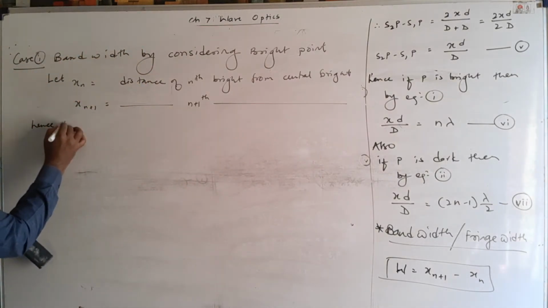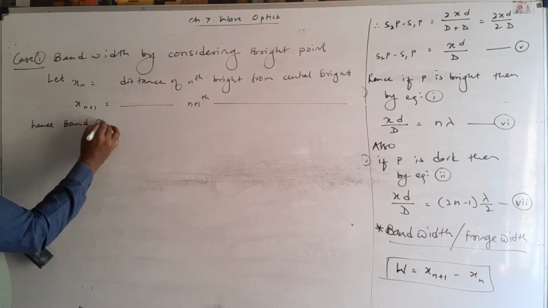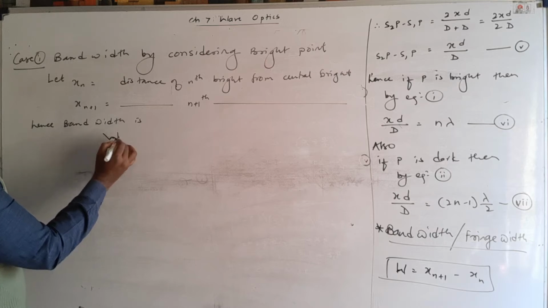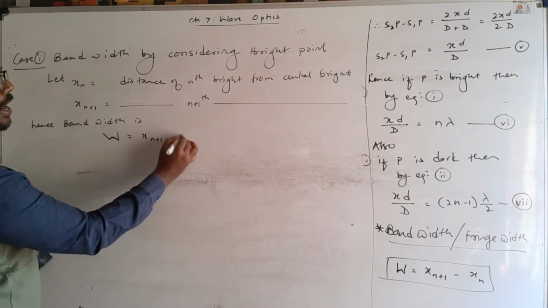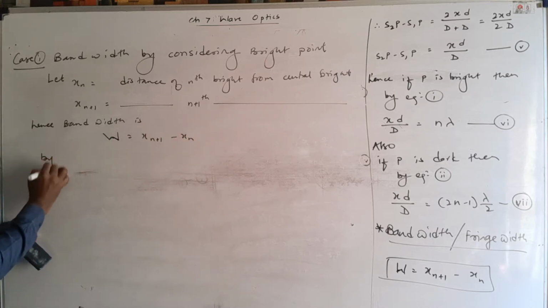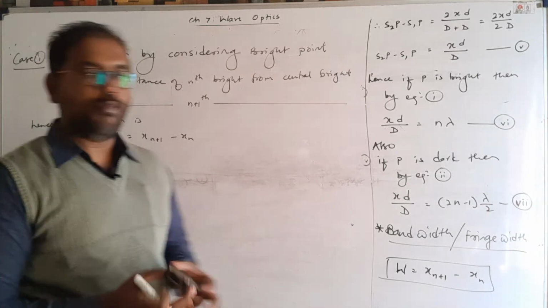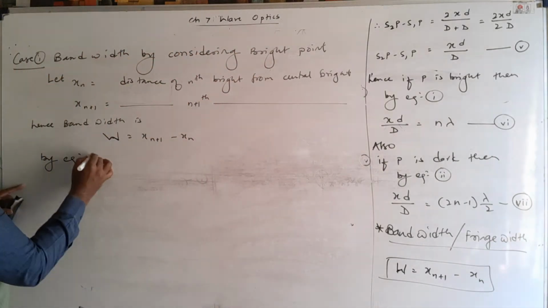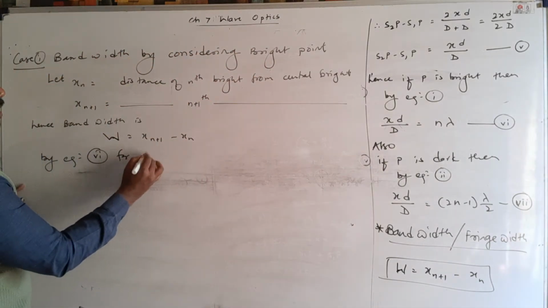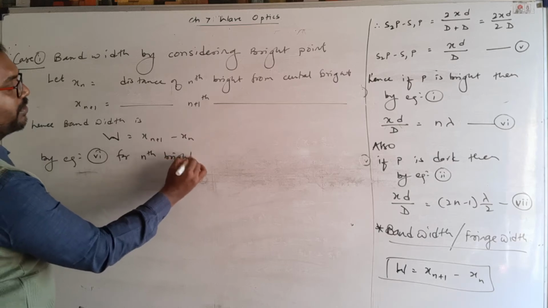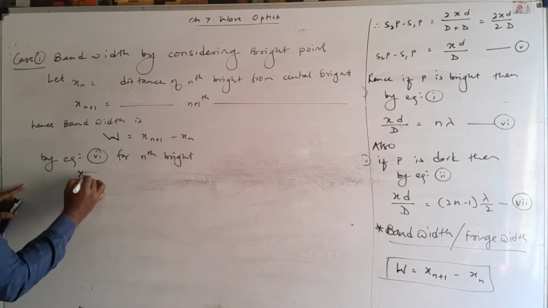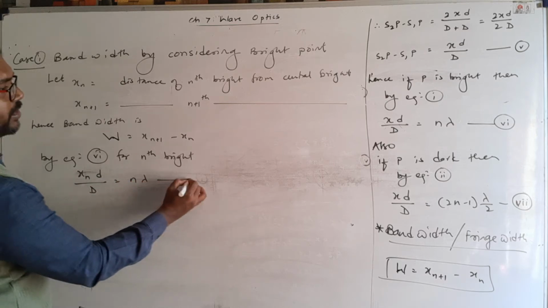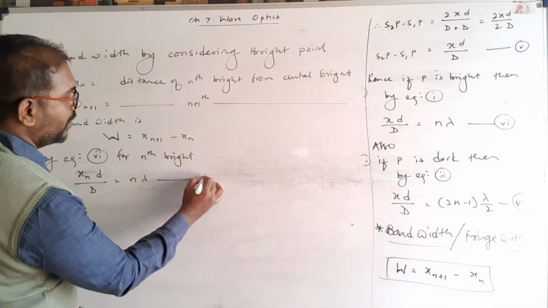Hence, bandwidth W is equal to xn plus 1 minus xn. Now the bright point equation is equation 6. By equation 6, for the nth bright, instead of x, xn d by D is equal to n lambda. Equation number 8.